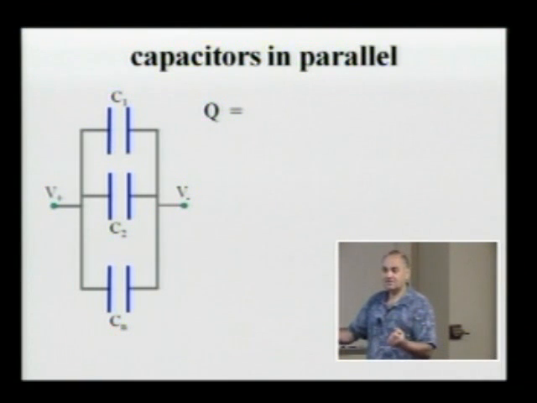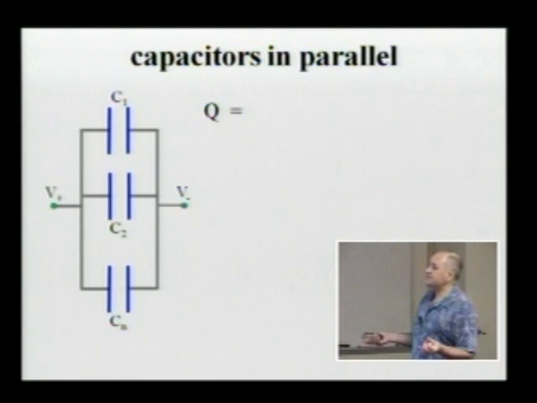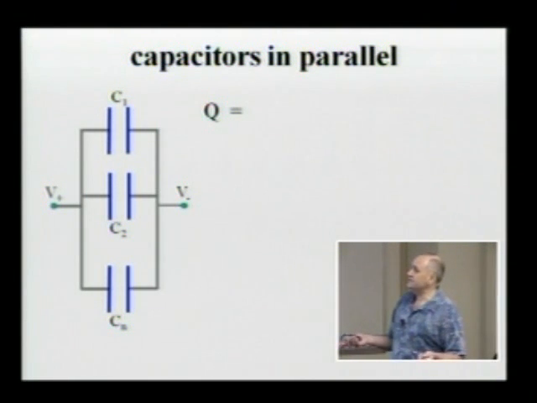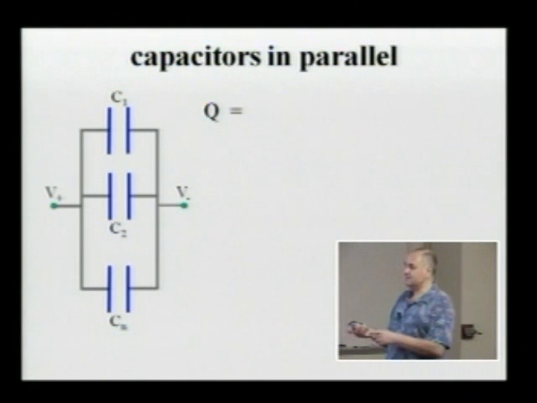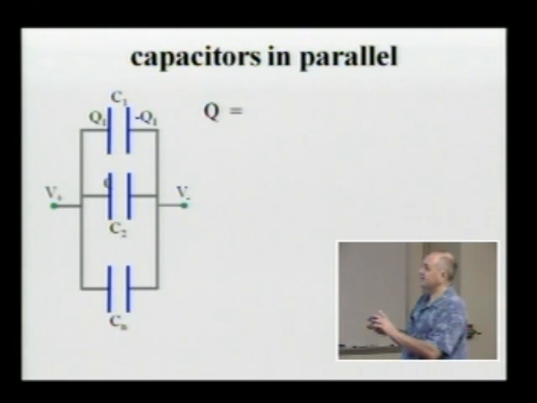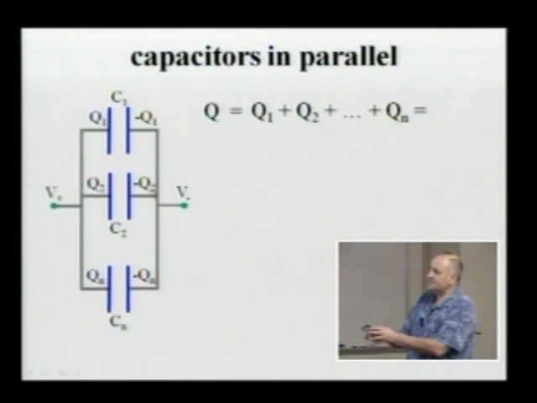And how? From the definition of a capacitor. Charge transferred from one side to the other side is equal to capacitance times potential difference. So I mark those charges, and I can find all those charges.